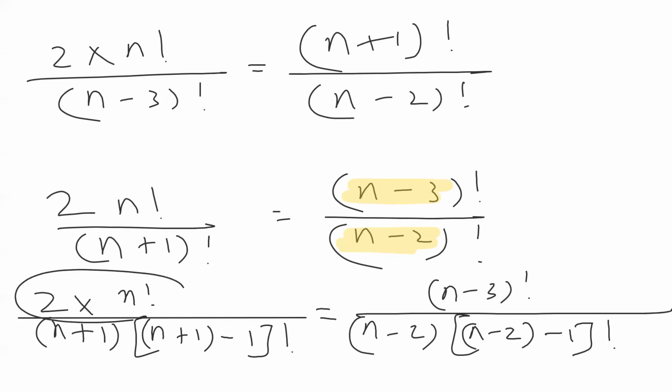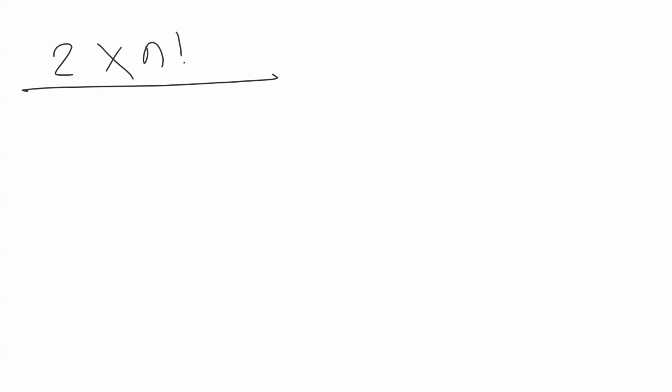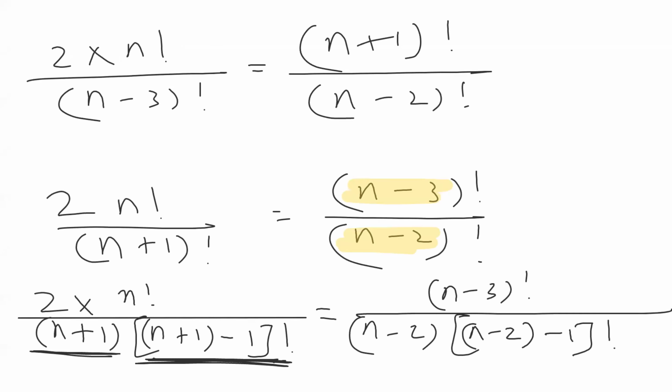So this is 2 into n factorial upon n plus 1 into n factorial. Okay, this is n minus 3 factorial, and this also is n minus 3 factorial, right?